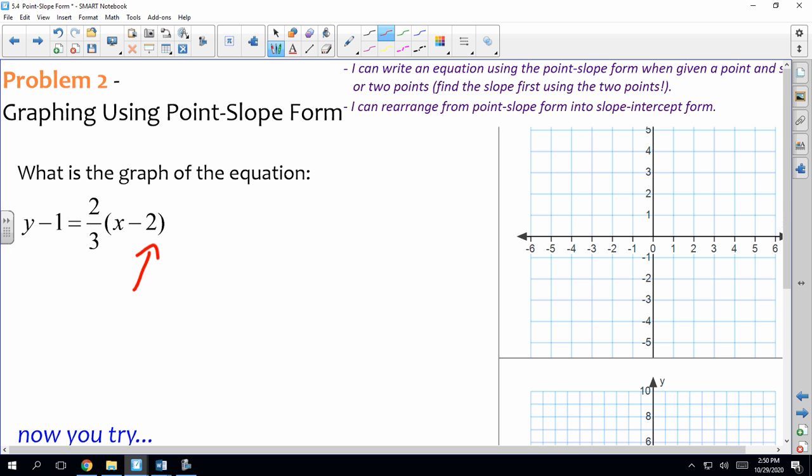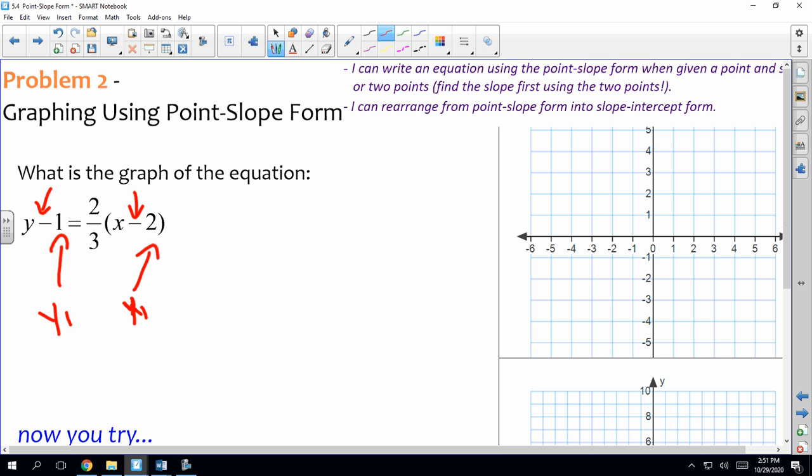So 2 is my y sub 1, and 1 is my x sub 1. Now keep in mind, the formula has minus signs in it, so those must be positive values. In other words, the coordinate of x sub 1, oops, I did this backwards. That's x sub 1, and this is y sub 1. Sorry about that. So this is y sub 1 here, and that's x sub 1 over there.